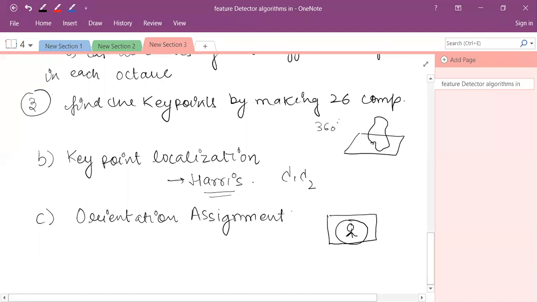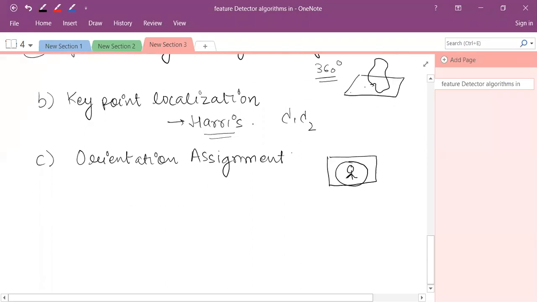So this is due to the orientation assignment, that you can visualize the image or a particular object at different rotation points of view, at different degrees or angles.